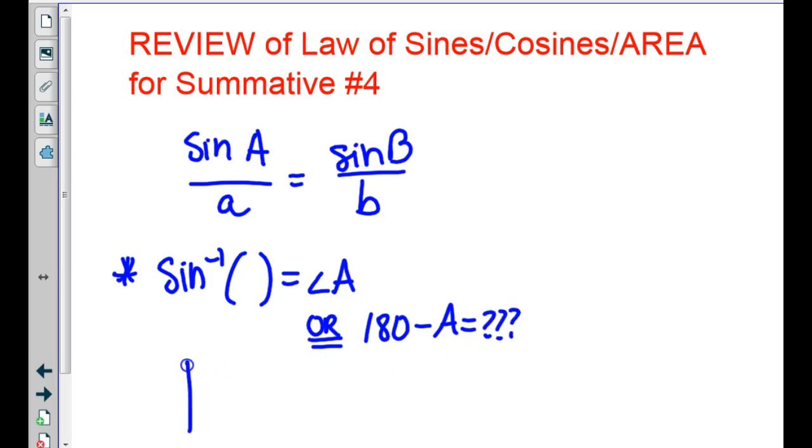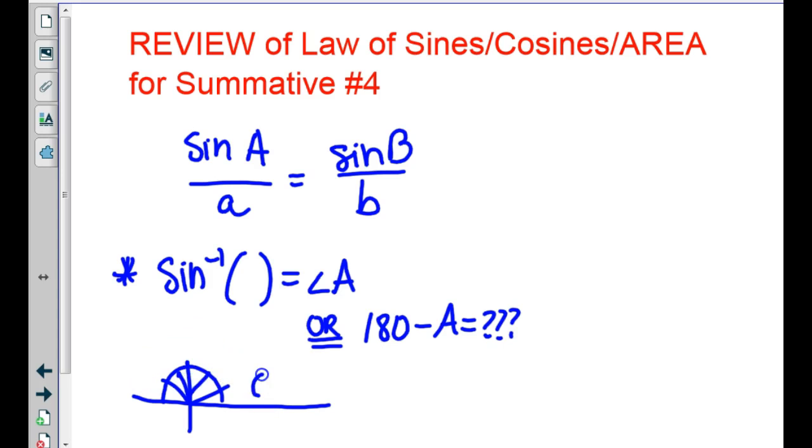And the reason for that is, if we're thinking about the sine, if this is the unit circle, an angle can be anywhere from 0 to 180 in a triangle, in theory, right? And the sine values up here are all positive.